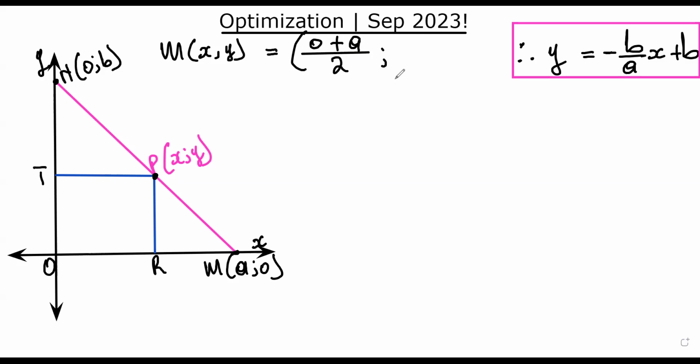Then we take the y coordinate at N, which is b. We add it to the y coordinate at M. And once again, we divide the result by 2.